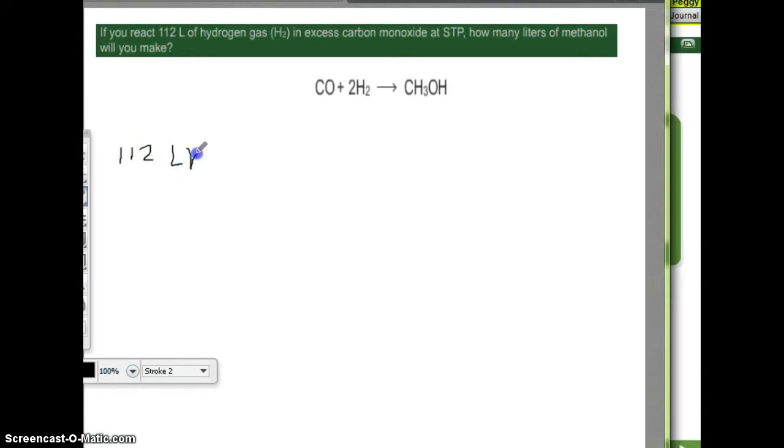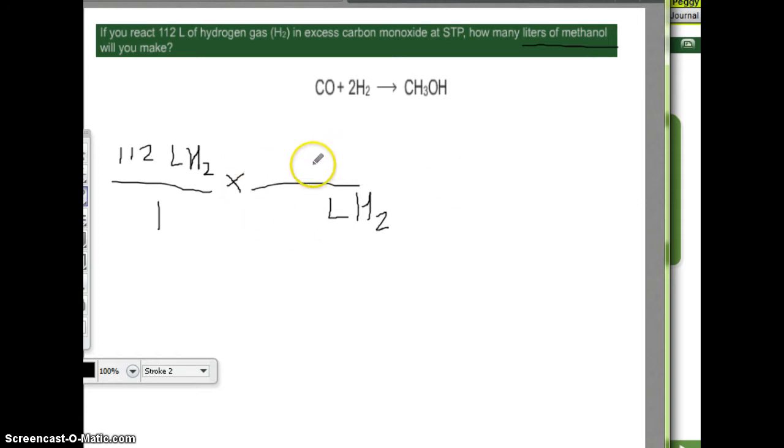112 liters of hydrogen gas or dihydride. Again, make it a fraction over 1. So what has to be on the bottom of my next fraction? Liters of H2. And of course, even though we want to get to liters of methanol, we want to convert from one compound to another compound. And how do we do that?